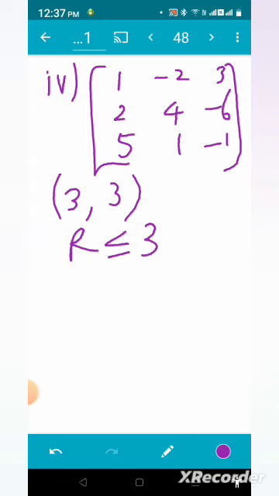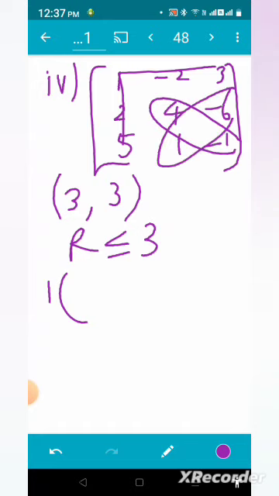So first we can evaluate these values. I can choose this for evaluation. 1 into the corresponding row and column, which get cancelled, minus 4 plus 6, because minus of minus is plus, so plus 6.